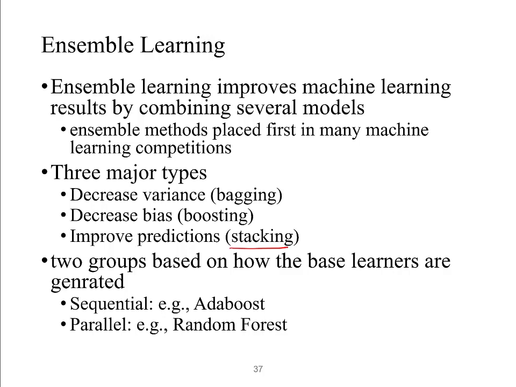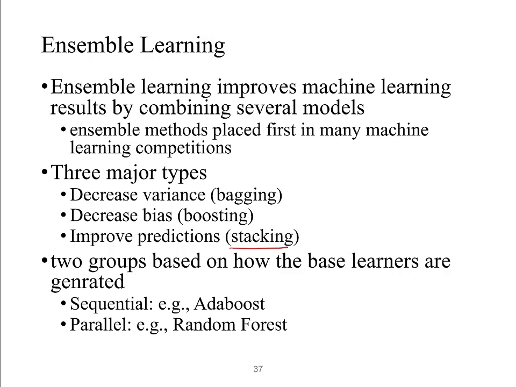Right. And there are two groups based on how the base learners are generated. So base learners, as you can imagine in ensemble learning, are like the workers or the team members, right? And the base learners would contribute to the so-called meta learner or the team leader.